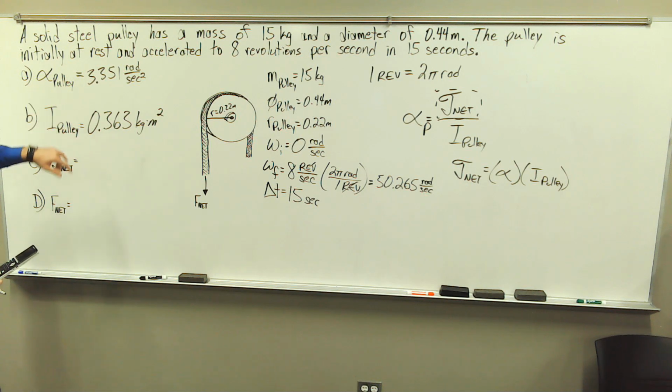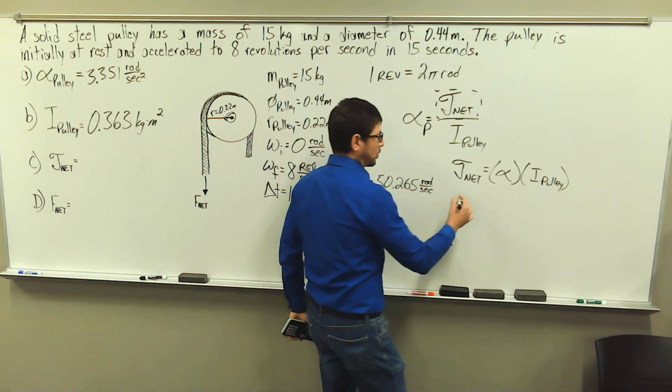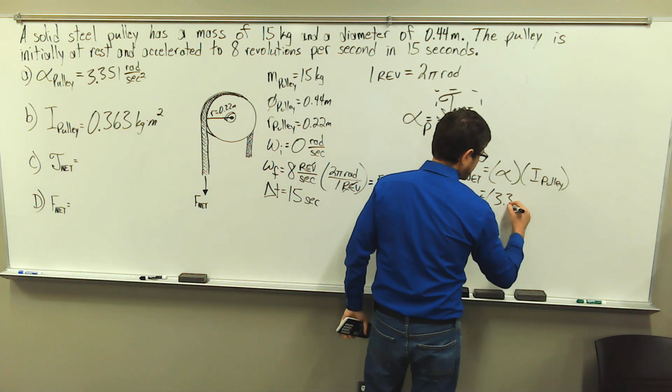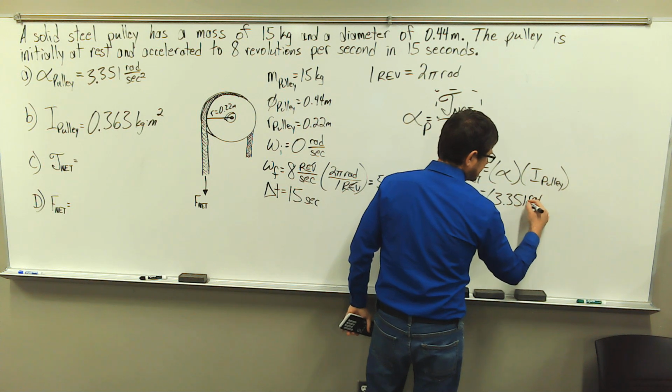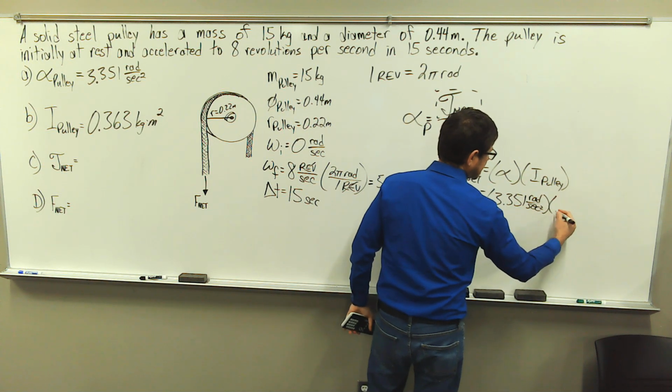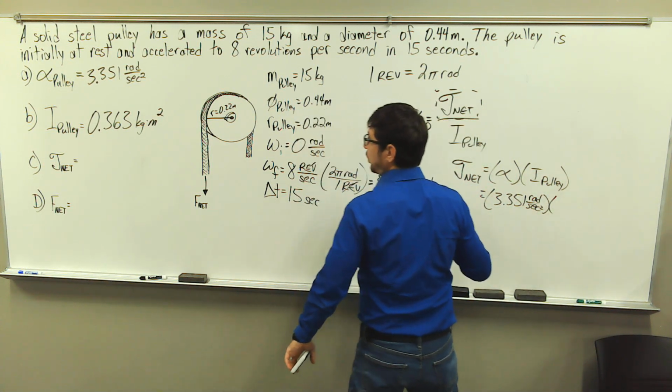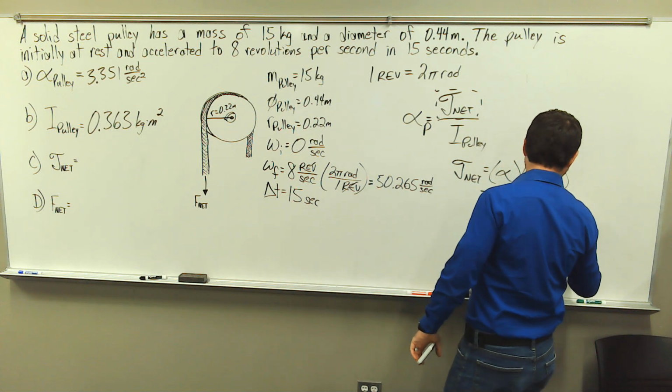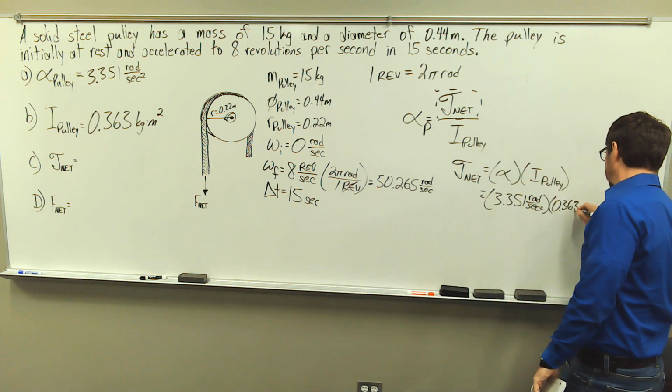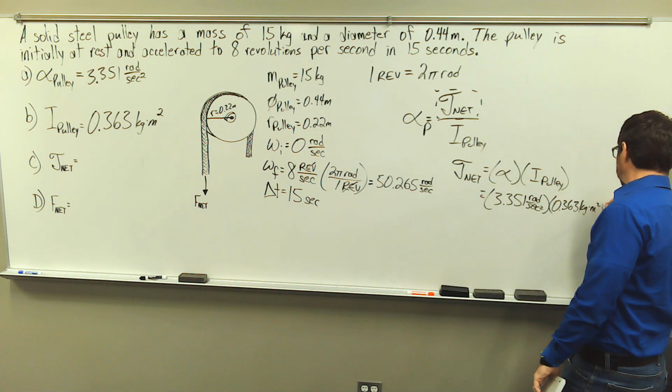I've got angular acceleration, 3.351 radians per second squared, times 0.363 kilogram meters squared.